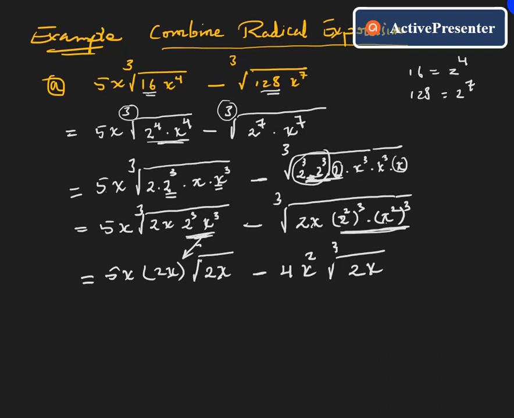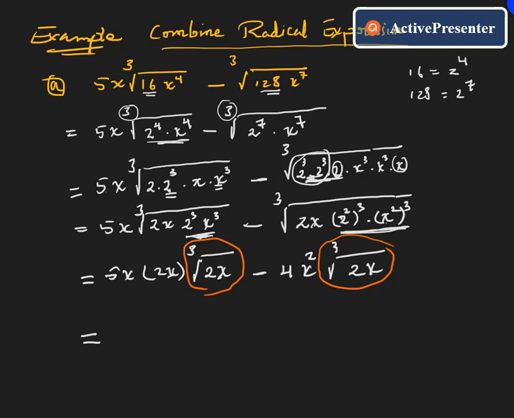Now here also we have the third root. So now we have what? We have like radicals. As you can see, same index, same radicand. You can combine right now.